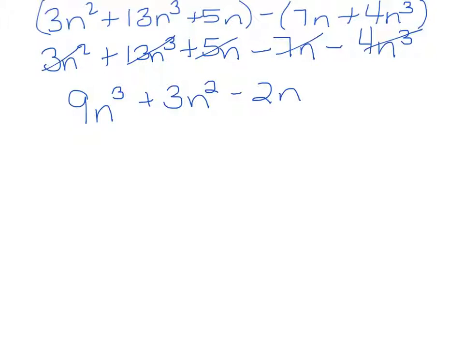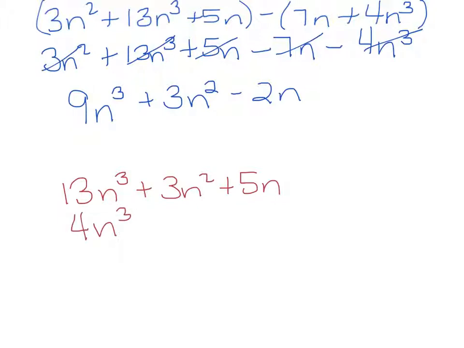So we're going to start with the 13n cubed, and then we're going to add the 3n squared, and then add the 5n. Now for our second polynomial, we only have an n squared term and an n cubed term and an n term. So we need to put our n cubed term over here and our n term over here.